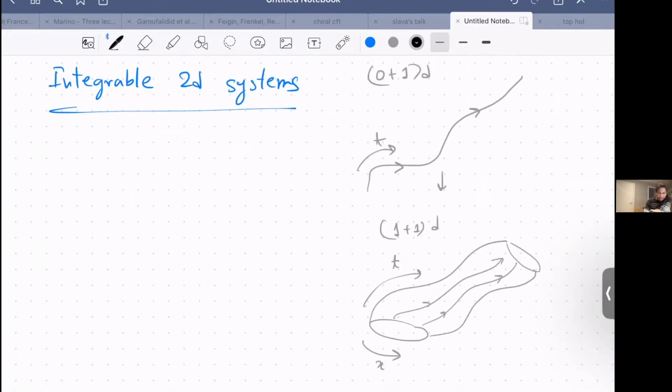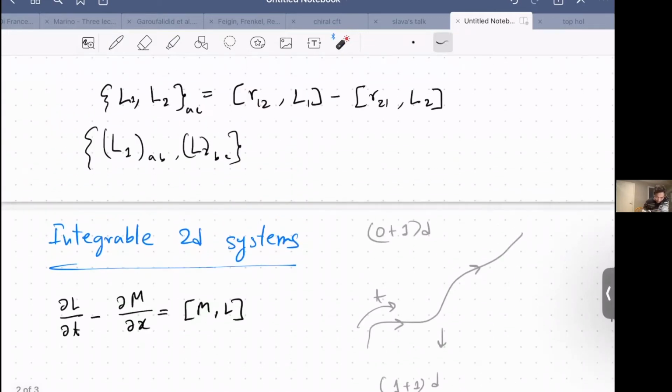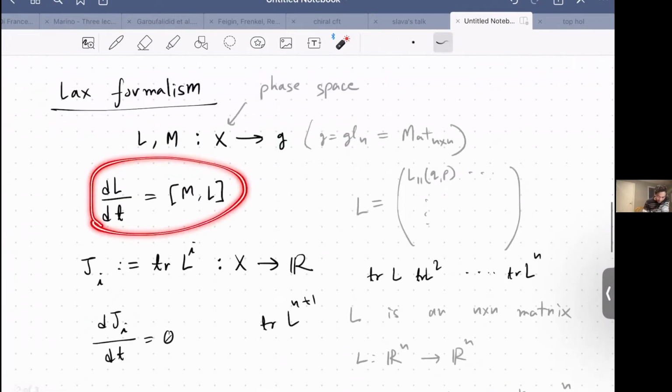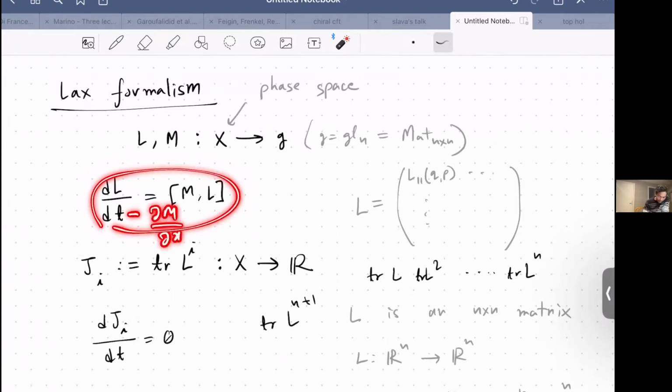So once again, you have the matrices L and M, which are matrix valued functions on your phase space, whatever the phase space may be. And they have to satisfy the following equation. Okay, so it's a simple generalization. Basically, I have just added this term. So just to this thing, you just add del M del X, and that's it.